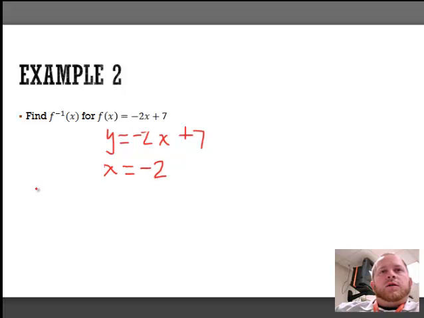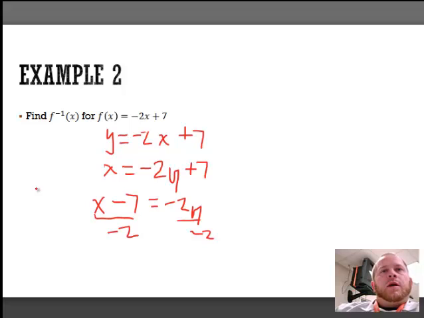I have a negative 2y plus 7 over here. Now I need to subtract my 7 from both sides. So I have x minus 7 is equal to negative 2y. Divide both sides by negative 2. That will cancel out over here to where I have y by myself.